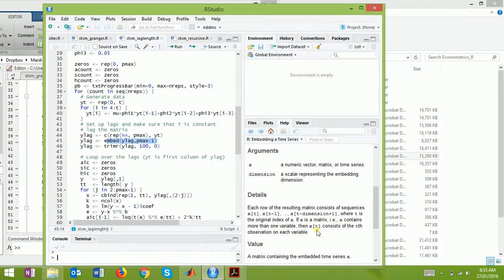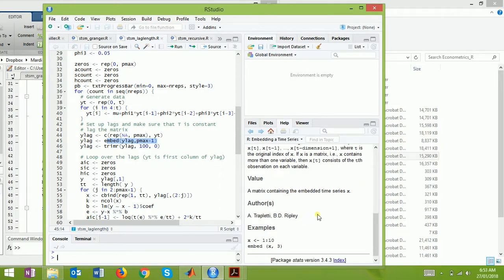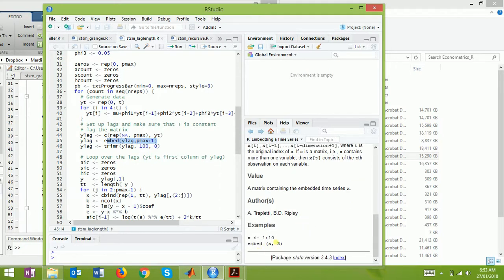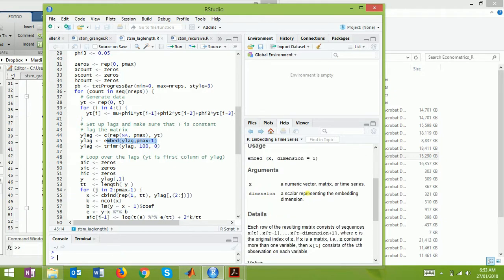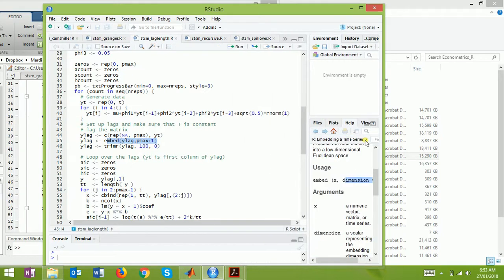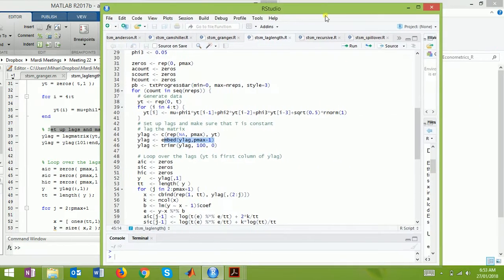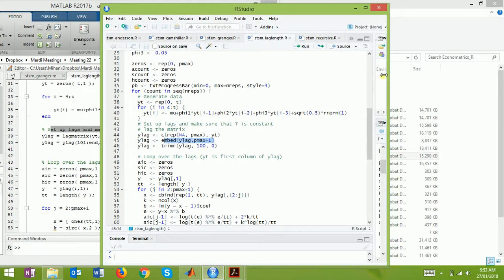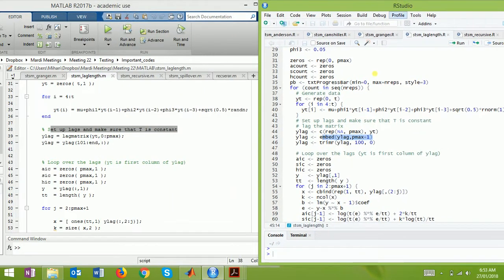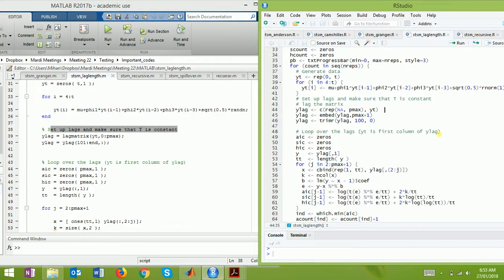If x is a matrix, it contains more than one variable and consists of the ith observation of each element. So basically if dimension is 1, you get xt. So this is embed, something new we just learned. I never came across it. I'm familiar with lag matrix but not the embed function. So this is amazing, right?